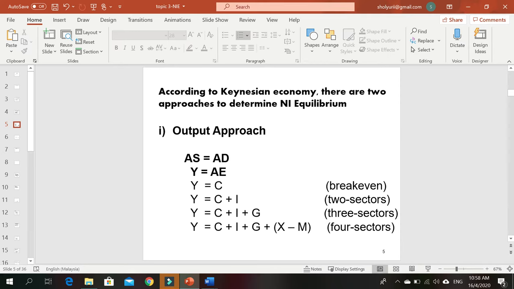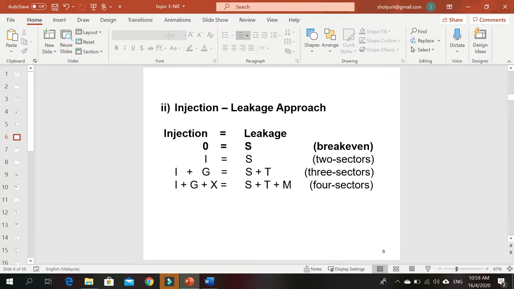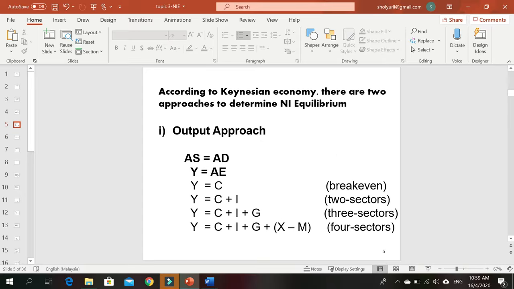Okay, according to Keynesian economy, there are two approaches to determine national income equilibrium. So, ada dua approach. Kalau kita ingat balik chapter 2 kan, chapter 2 national income ada 3 approach nak kira national income kan. Product approach, expenditure approach, income approach. But now, untuk chapter 3 national income equilibrium, kita ada 2 approach, which is output approach and another one adalah injection leakage approach. So, setiap approach ni, formula dia akan berubah mengikut berapa banyak sectors inside the economy.